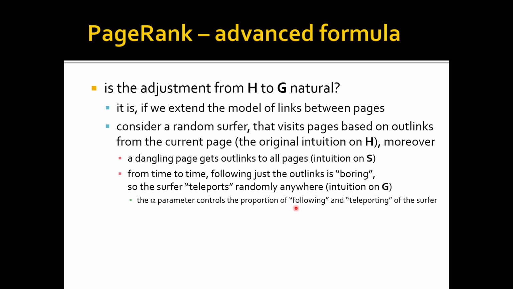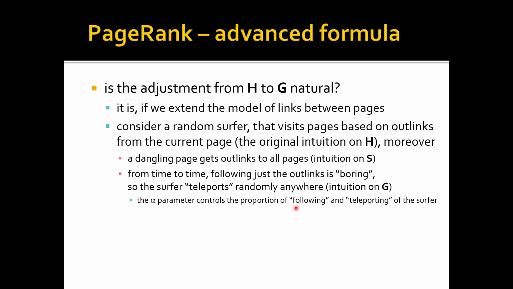Because the zero meant I cannot get there. If there was zero, it was a transition probability matrix, and there was zero probability, so I cannot get there. But if we extend the concept to have also a random surfer, I can go anywhere, but with different probabilities.